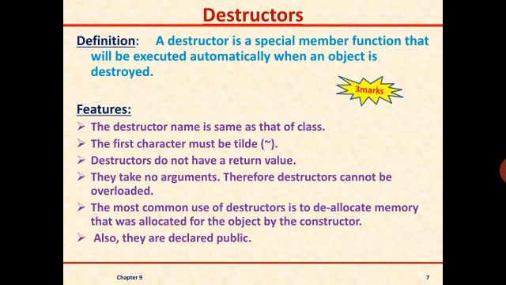What are the features of a destructor? A destructor has the same name as that of the class. A constructor also has the same name as the class, and a destructor also has the same name as the class. Then how to identify which is the constructor and which is the destructor? You must remember that the first character of the destructor is the tilde.